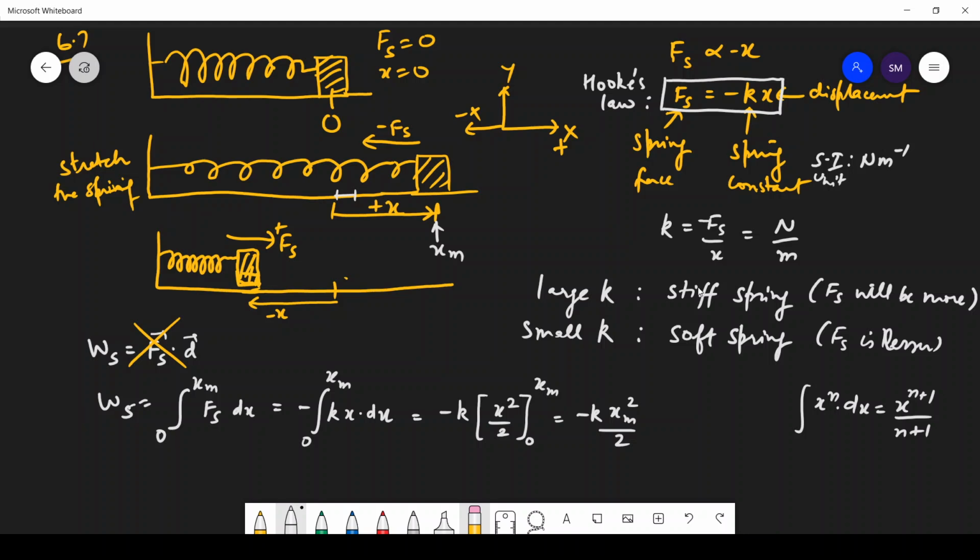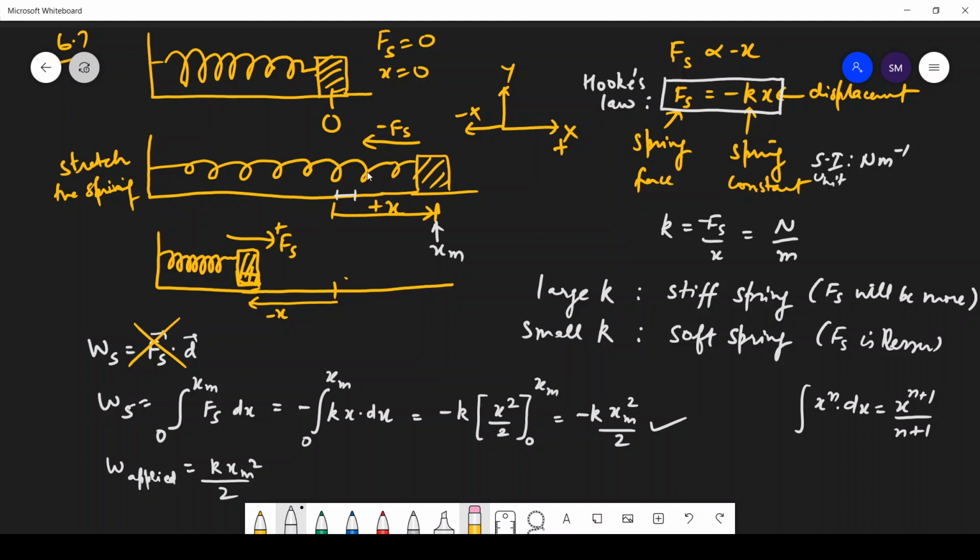So you have these two important things: spring force and the work done by the spring force. Work done by the applied force will be positive in this case, so it will be k xm square by 2. The applied force will be exactly equal to Fs, as I am regularly telling you, because here I am taking the acceleration to be 0.